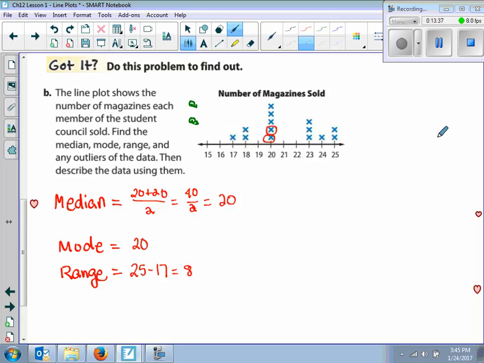Okay, so now we're going to look at the outliers. Now, in order to find the outliers, we need the median and the quartiles, right? We've already figured out the median. So we found the median, and it's between those two 20s, right? Now, the x's over here, those are the lower half, and then here we have the upper half.